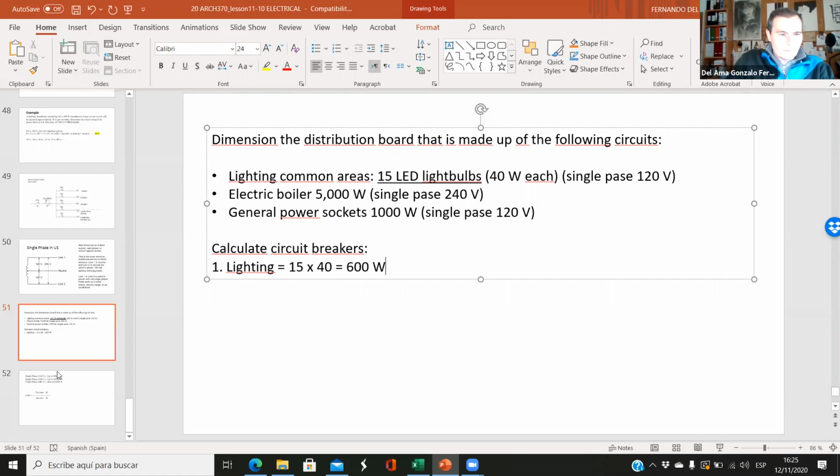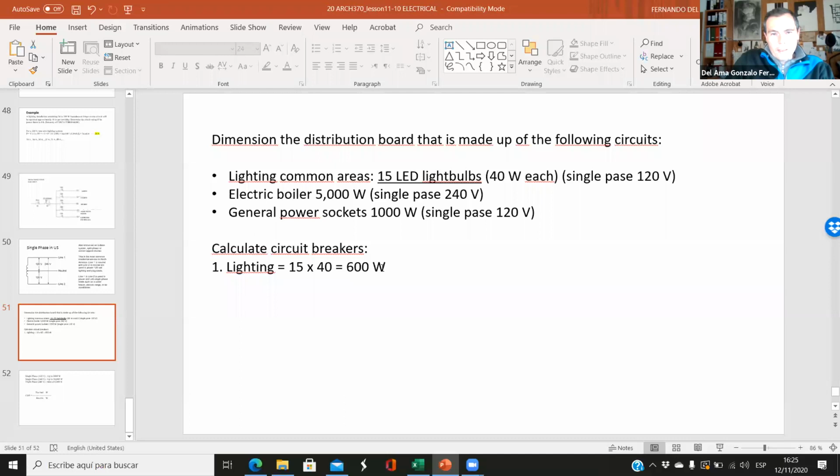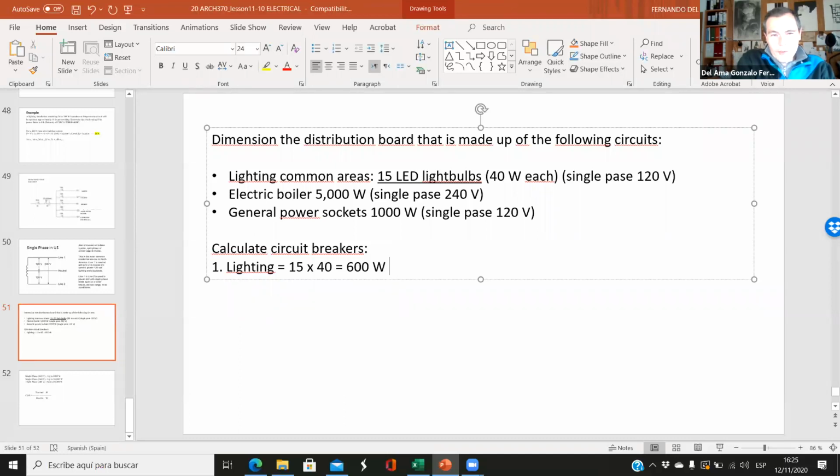With this rule of thumb, up to 2000 watts we can use single phase 120. What can we do here? It's always the same formula. Power equals tension times intensity times power factor.